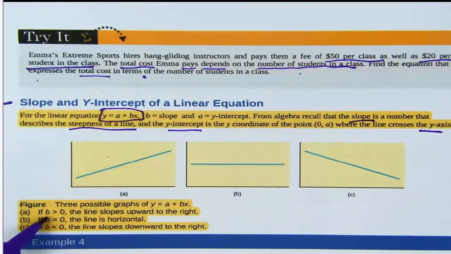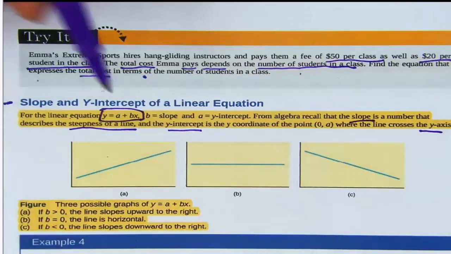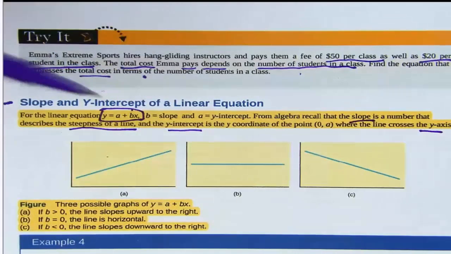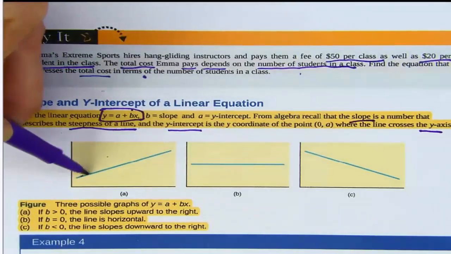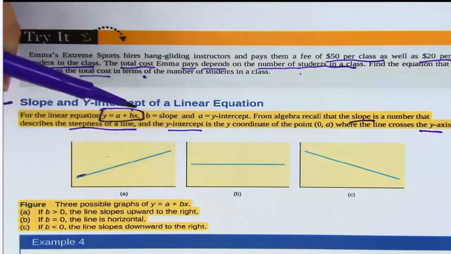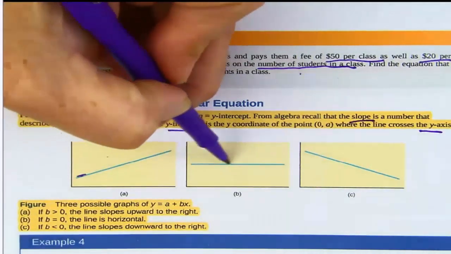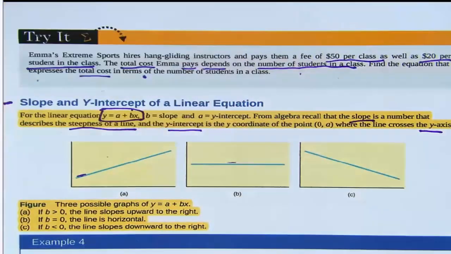If b is greater than 0, so if your slope is positive, then your line will look something like this, trending upwards from left to right. If your slope b is equal to 0, then your line has no slope, and therefore the graph will be horizontal. Steepness of the line will be 0.